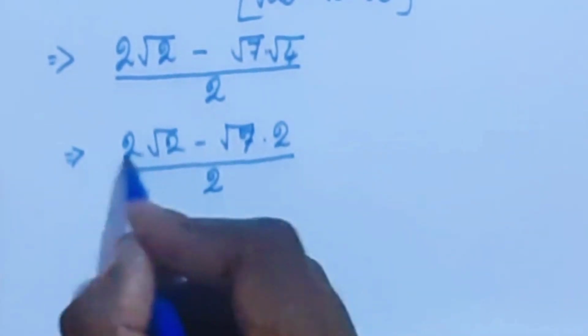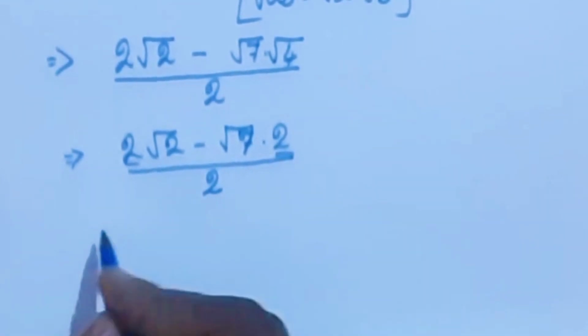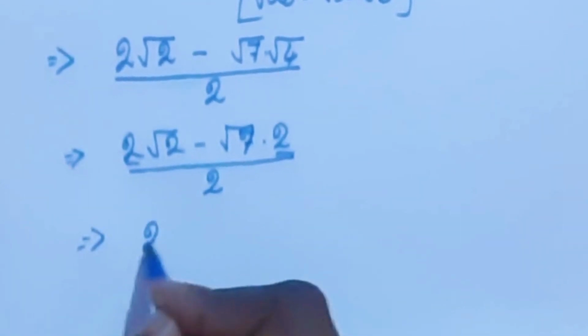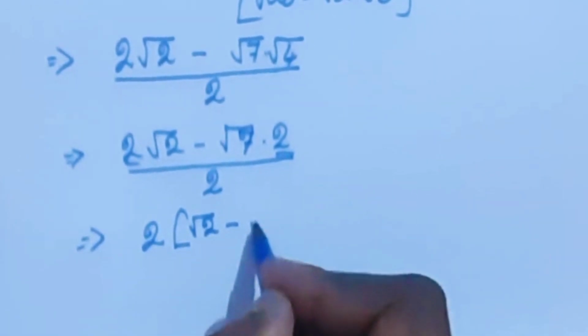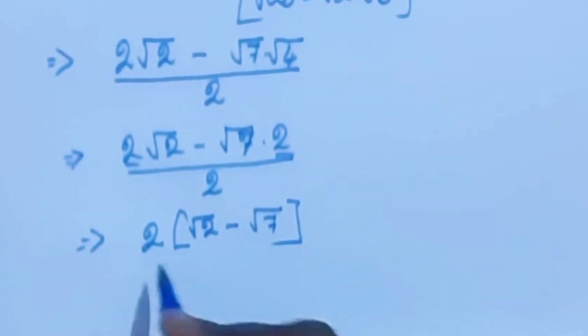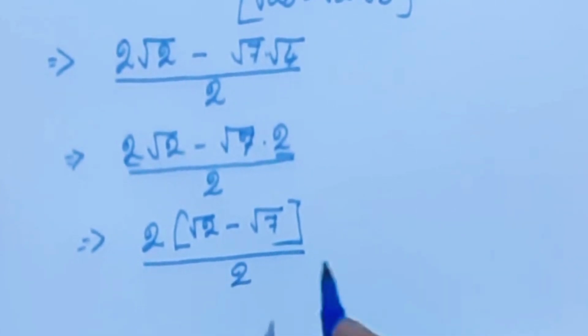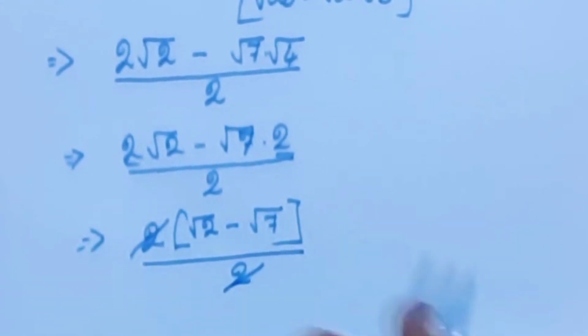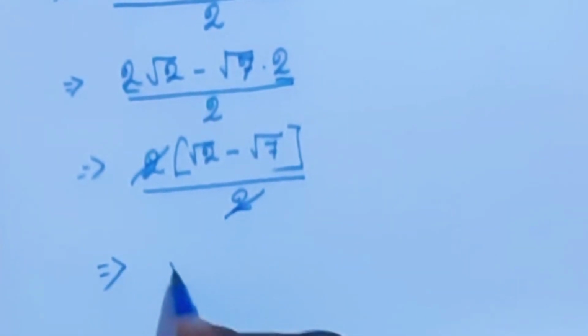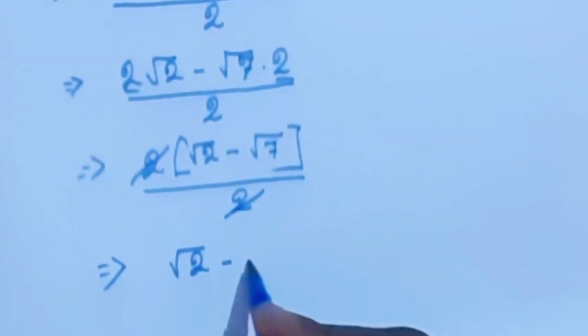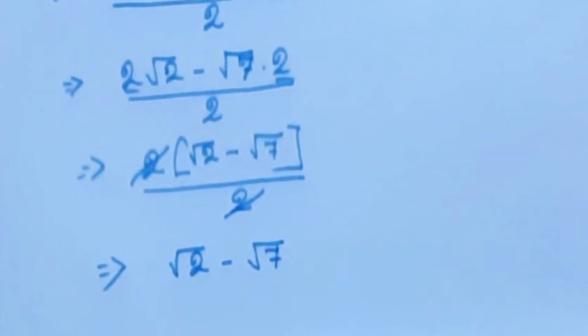Now we are going to take this 2 common out. So 2 open bracket square root of 2 minus square root of 7, divided by 2. Now this 2 cancels this 2. Now we have square root of 2 minus square root of 7 as the answer for the given problem.